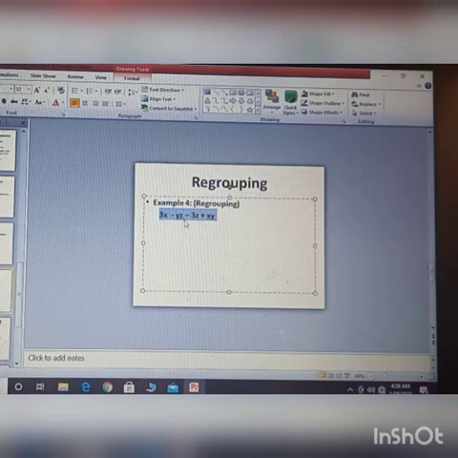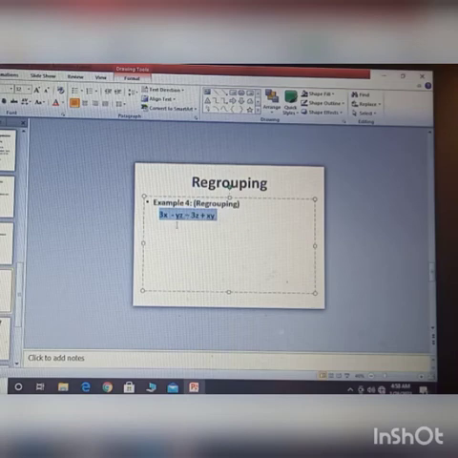Here 3x minus yz minus 3z plus xy. If I ask you, let's apply the first method, that is taking common out in the whole of this expression, it will not work here because there is no element that is common in all of them. So we will do regrouping, like grouping the first two elements together or the last two terms together.